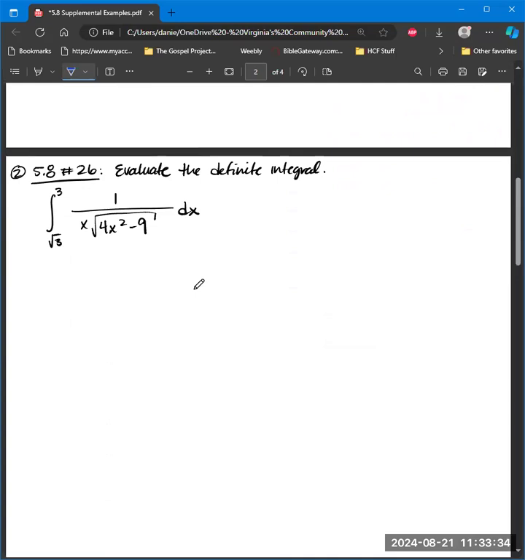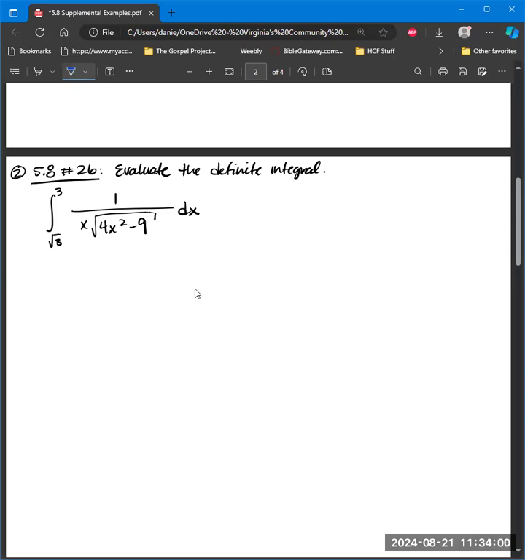All right, let's evaluate the definite integral here. There's an x on the outside here, and this is 4x squared minus 9 dx. Let's try our u substitution first, where... no, that's not going to work.